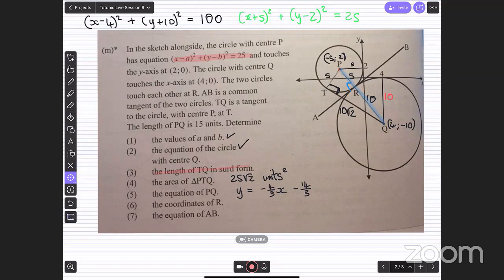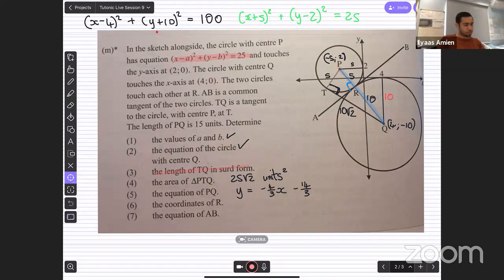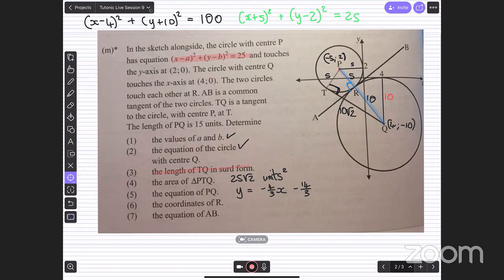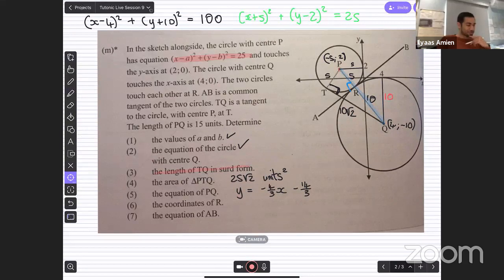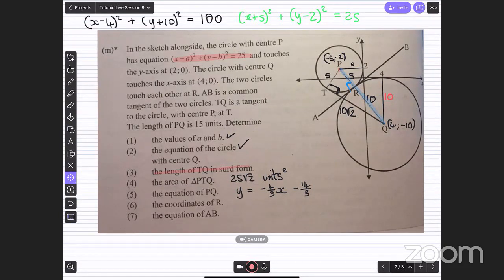So you can sub in this for y into one of these circle equations. You can choose which one you want to do. We can equate it.